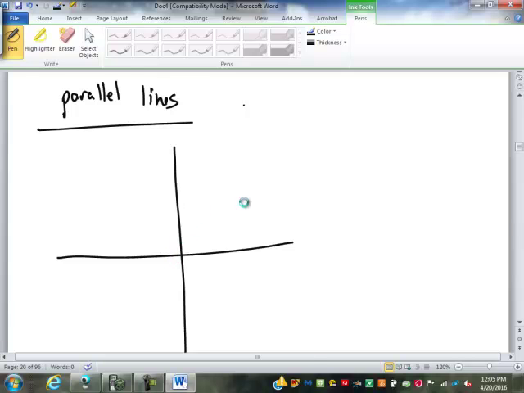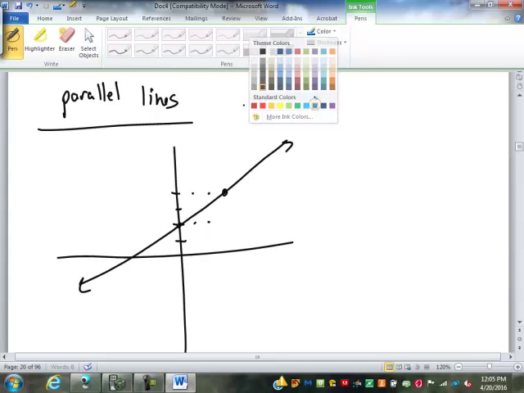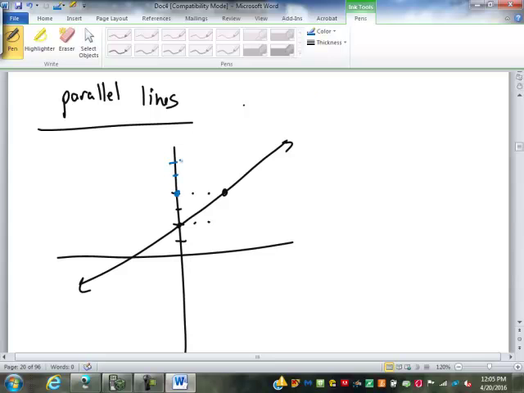If I have a line here, this one right here, and then I've drawn another line that is parallel to it, those two lines, as you can see when I drew them, have the same slope. This one rose 2, ran 3. This one must also rise 2 and run 3.